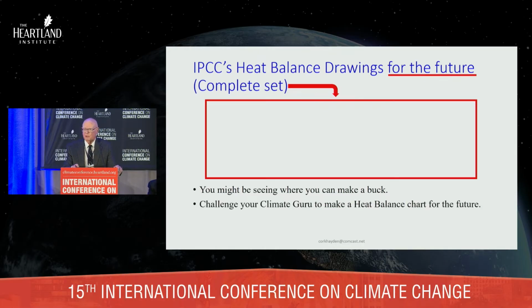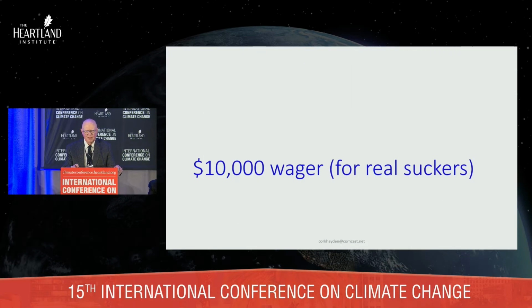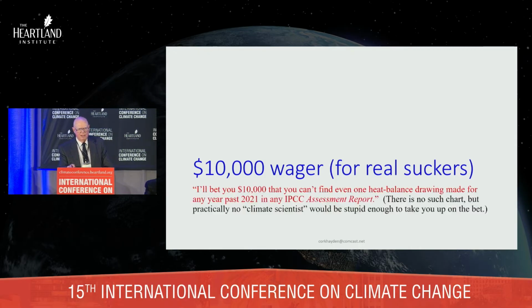What you've got to do is challenge your climate guru to make a heat balance chart for the future and put it in the form of a wager. Make it worth their effort. So here is a $10,000 wager, but it's for real suckers. And it works like this.